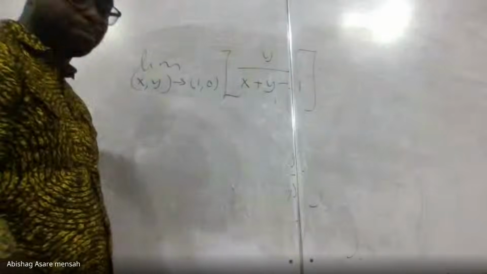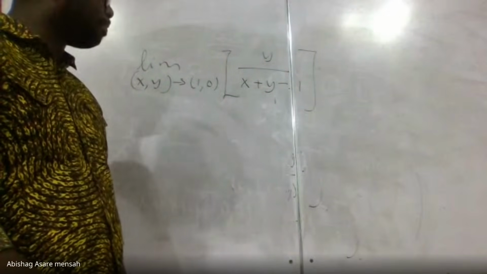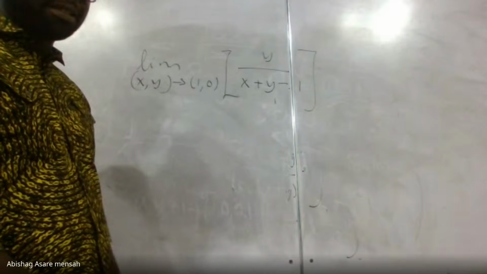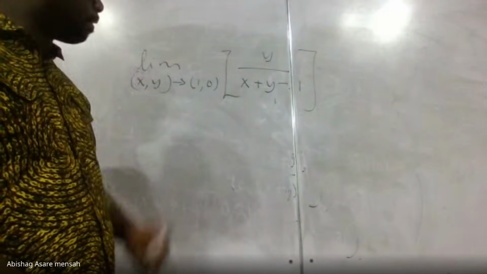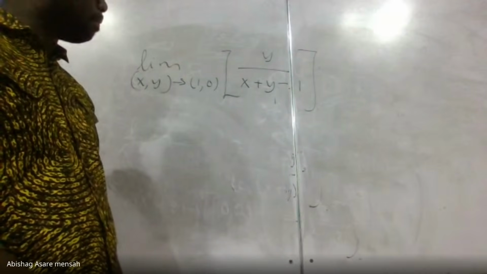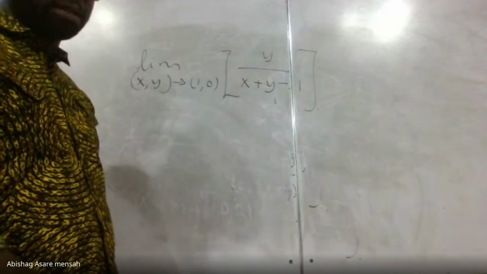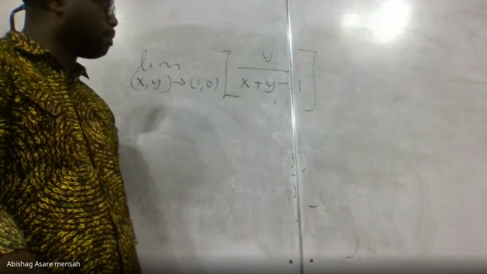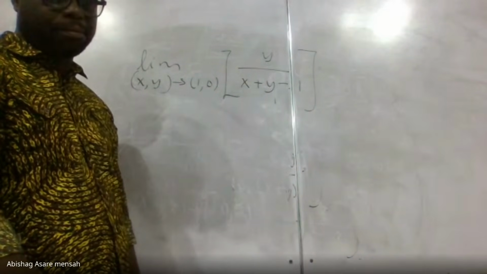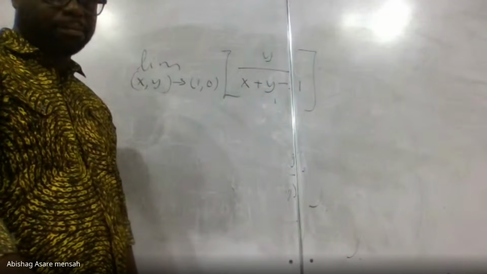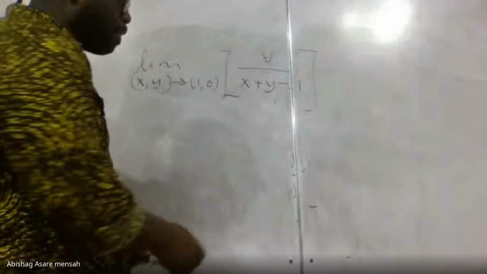Okay. What about you? Check the numerator and the denominator. Check it well. The denominator will give us 1 plus 0 minus 1.